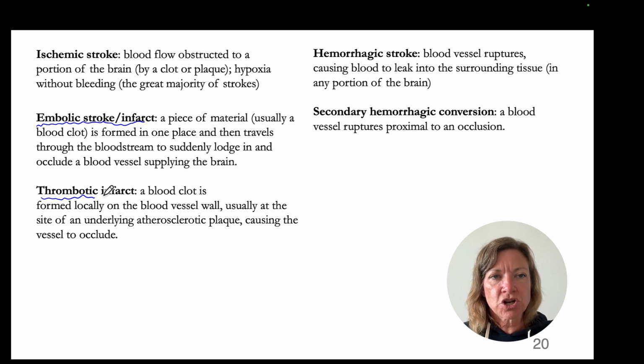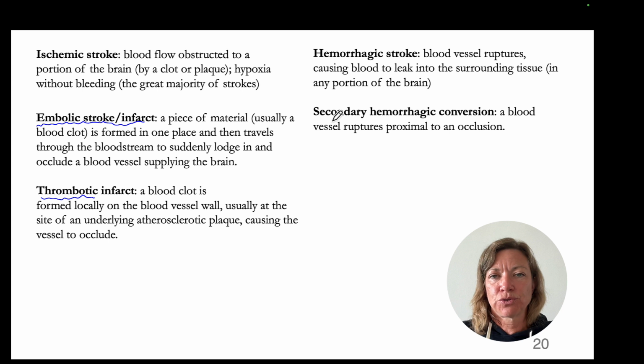In contrast, just a pathological or etiological contrast, is a thrombotic infarct. And that's a blood clot that forms locally on the vessel wall, usually at the site of an underlying atherosclerotic plaque, and ultimately causes the vessel to occlude. So just remote versus local pathological mechanisms.